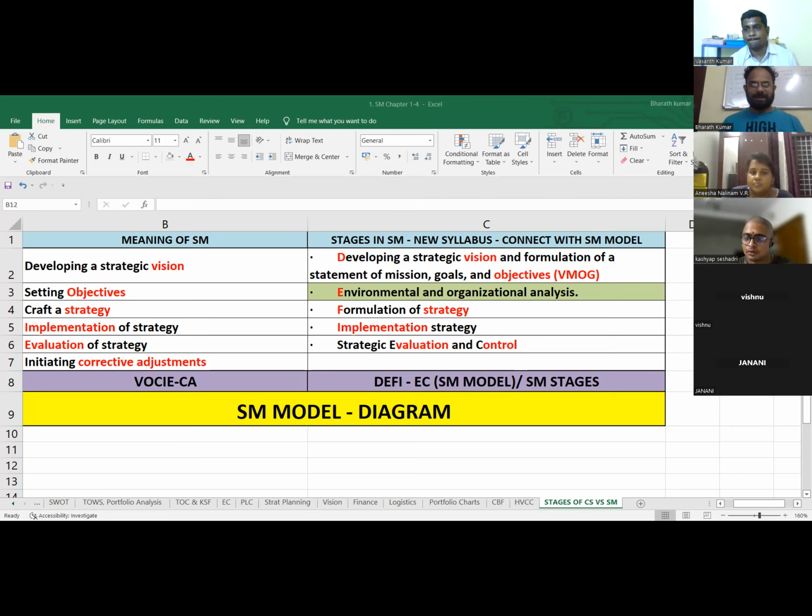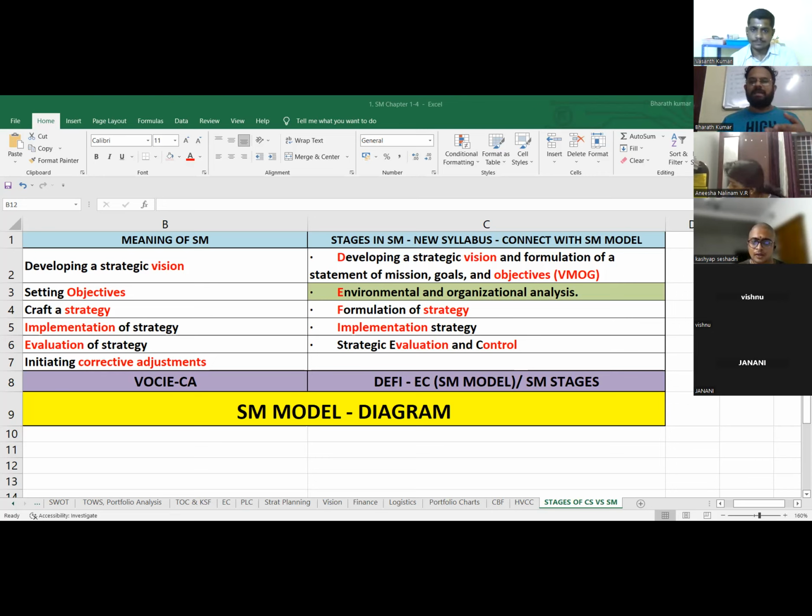The activity is okay. So now D, F, I, E, C we have already covered in one liner. You remember what is D? We only told developing of strategic vision, but see the full line: developing a strategic vision and formulation of statement of mission, goals, and objectives. Indirectly, we told VMOG.